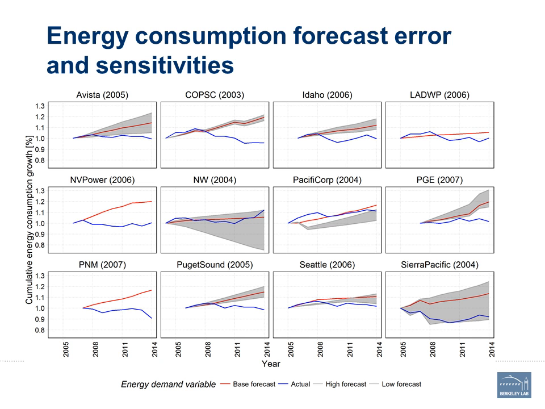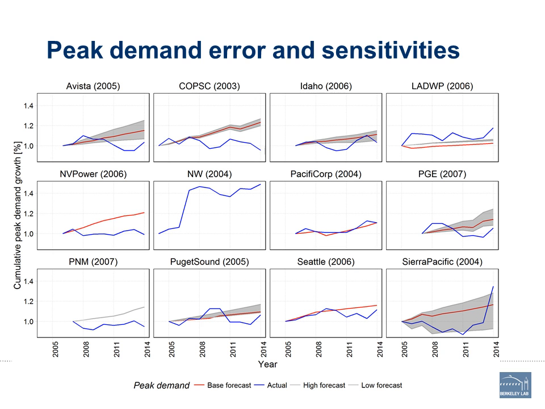And I make this point because in the next slide, I'll show the peak demand. And peak demand had much more mixed results, in that there were some load-serving entities that saw peak demand go above their forecasts, and some others that saw actual peak demand go below their forecasts.